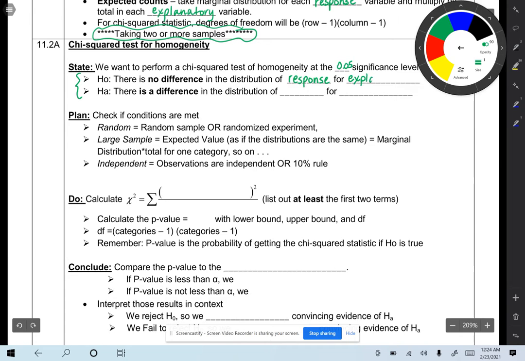So in our case, it would be there's no difference in the distribution of favorite color for gender. So you can just put that here. And then the alternative hypothesis, there is a difference in the distribution of response for explanatory.